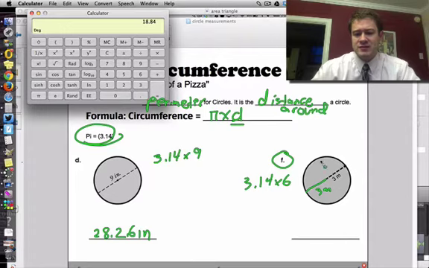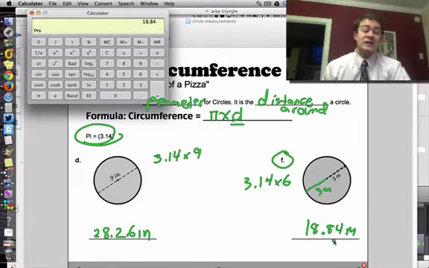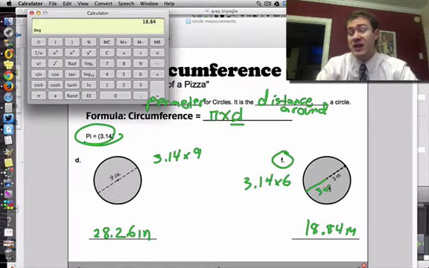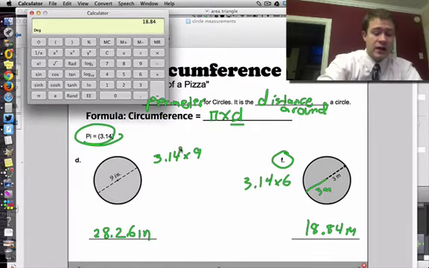So my circumference is 18 and 84 hundredths meters. And that's how I find circumference. I simply take my number pi, and then multiply by whatever my diameter is. If I just have a radius, I double it. And that's how we figure that out.